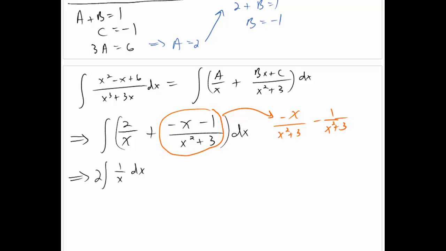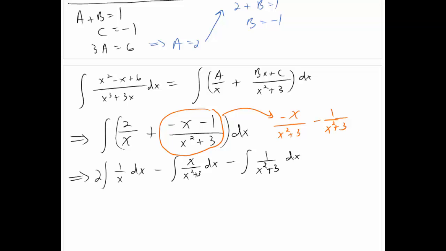All right, so that becomes minus the integral of x over x squared plus 3 dx minus the integral of 1 over x squared plus 3 dx.